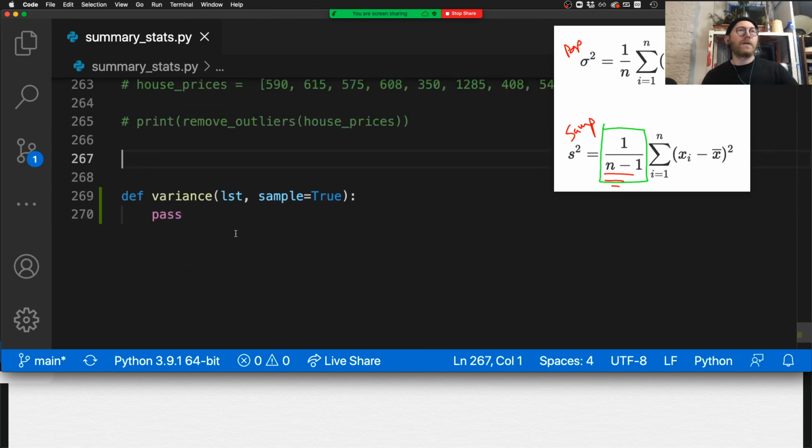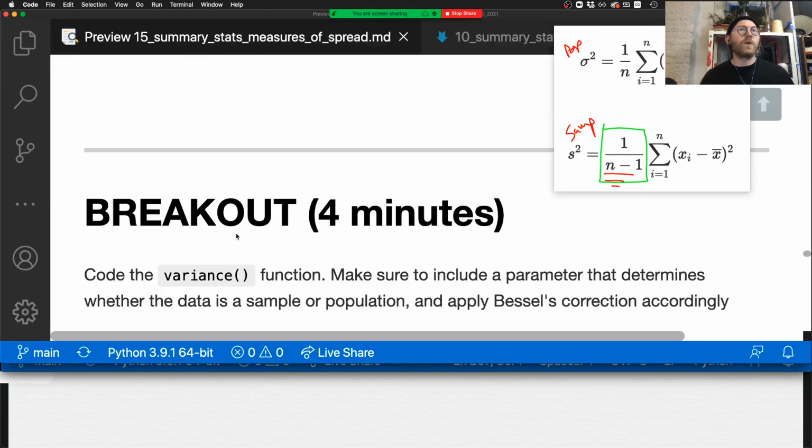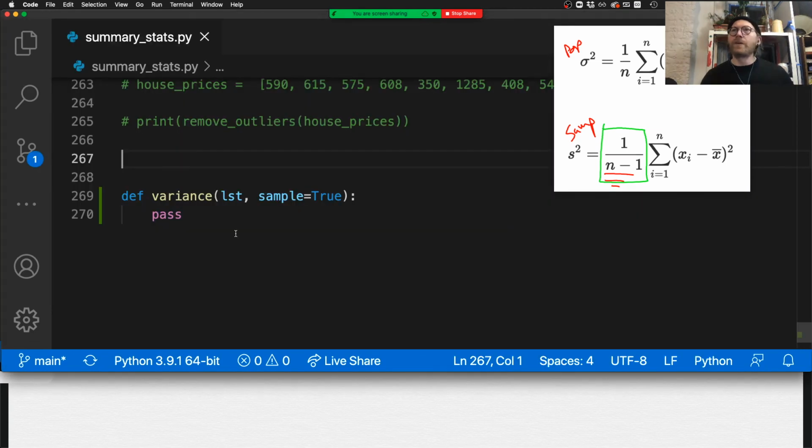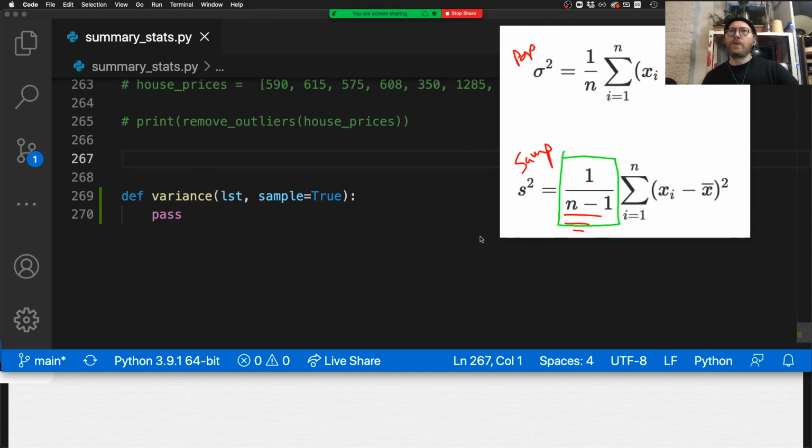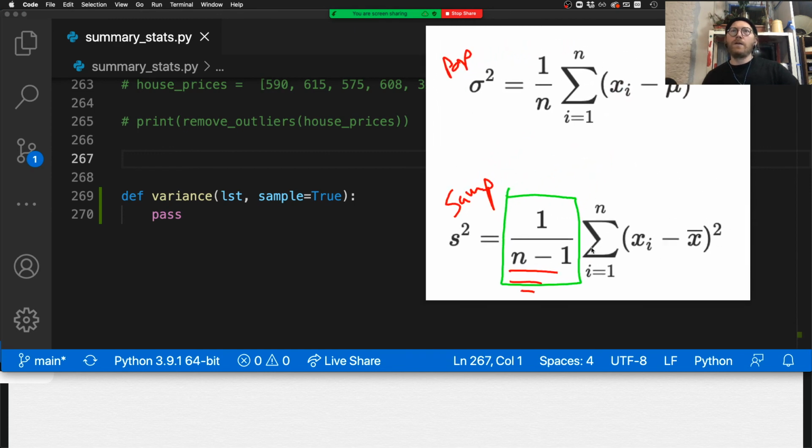Okay, so I think 4 minutes is good. You're just implementing these functions. Notice the only difference between the two is this n minus 1 versus the n. And I'll just put 4 minutes on the clock and do your best.